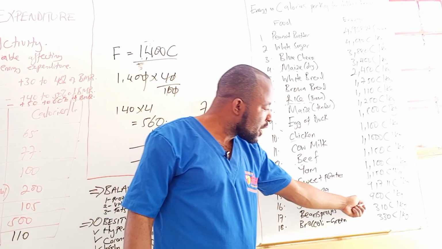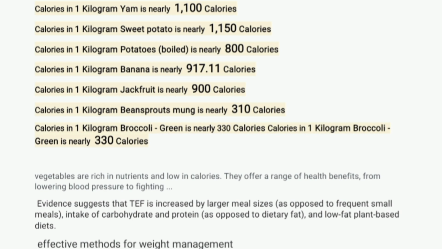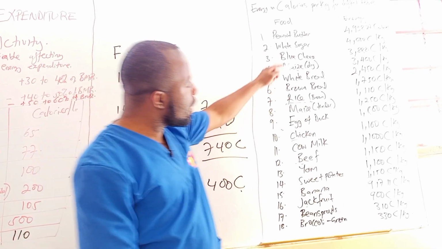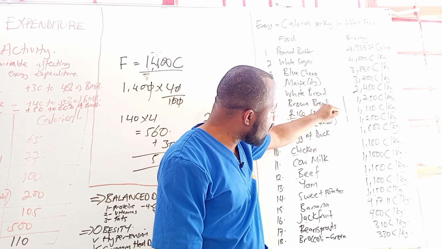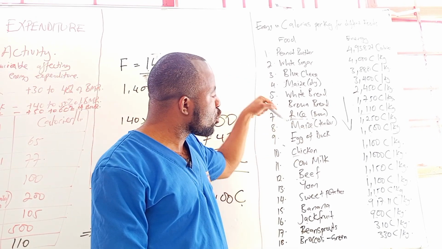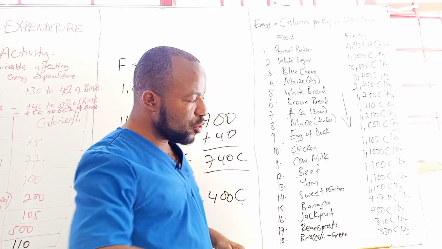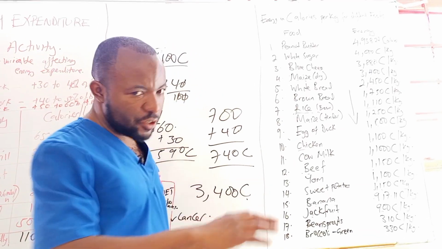Jackfruits, these are fruits, 900. Bean sprouts will contribute 310. Broccoli will contribute 330. So the take home here is that as you go to proteins, then to fruits, the number of calories reduces.